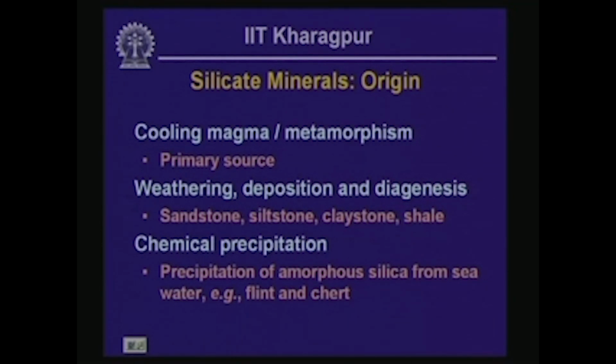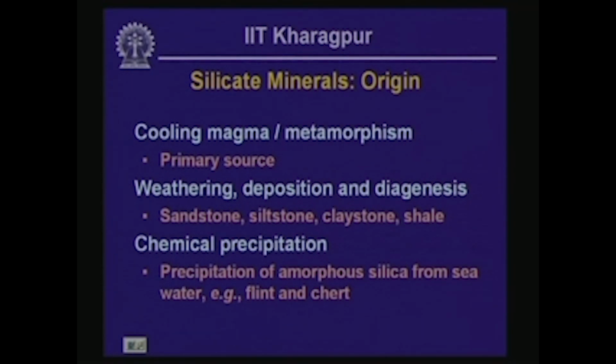Now, weathering, deposition and diagenesis could also be sources of silicate minerals, and as we will see later on, sandstones, siltstones, claystones and shale form in this manner. By weathering, deposition and diagenesis, the chemical composition of minerals could also change in the process. And the third source of silicate minerals is chemical precipitation.